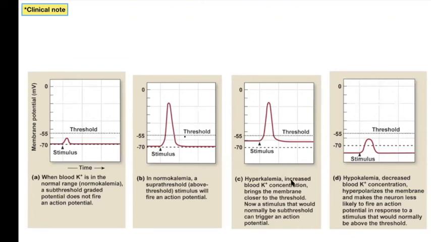They'll either be overactive or underactive, which especially in your heart is going to cause all sorts of problems. Okay, so this is just a clinical note about the relationship of potassium and your resting membrane potential, how important that is to keep your interstitial fluid and your ions in homeostatic balance.